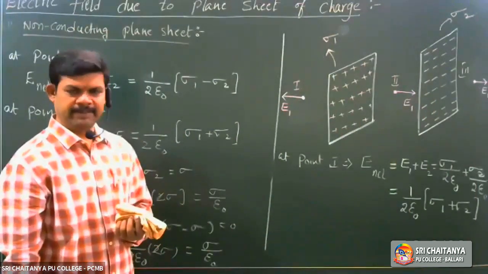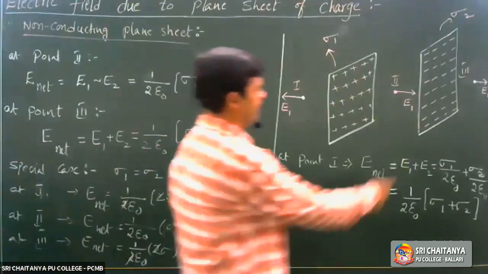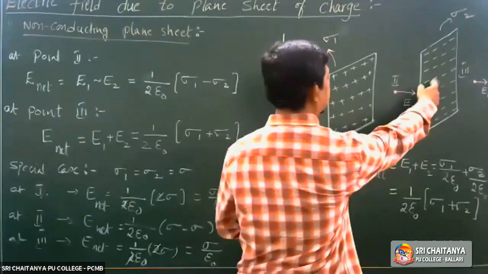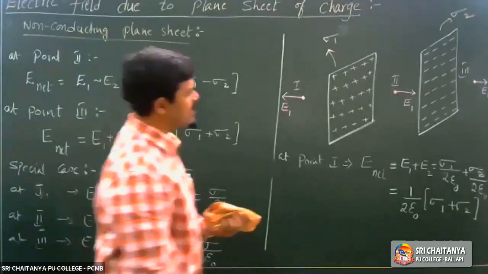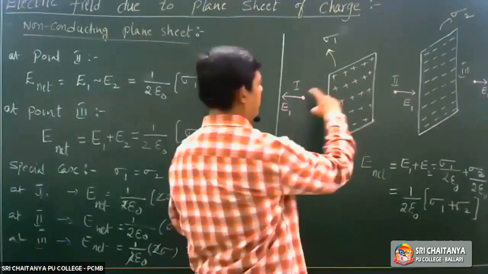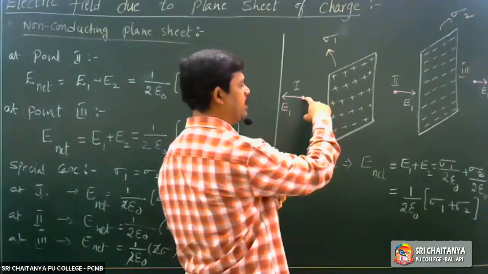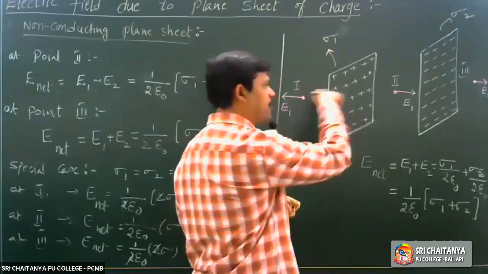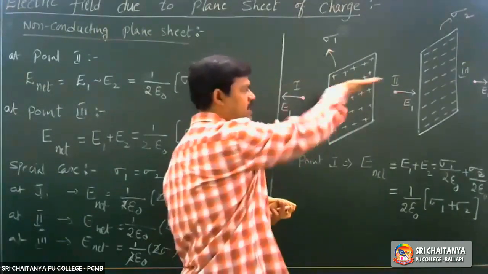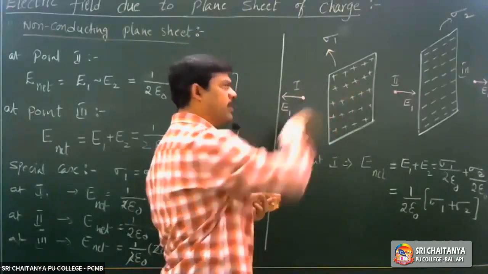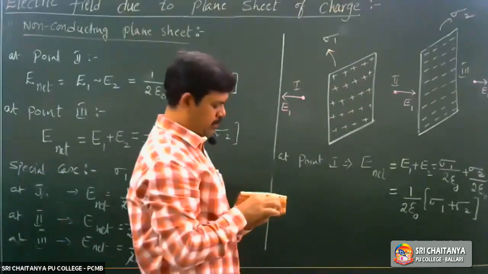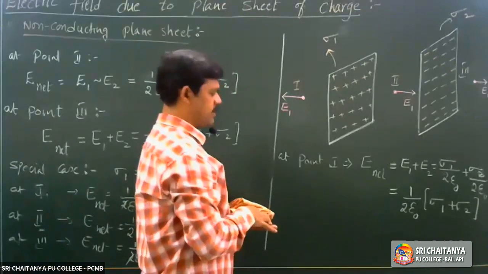Come to the second plate. Second plate, this plate. What is this? Negative. Whenever plate is negative, at any point due to it, field is towards that plate. Positive, away. Negative, towards that plate. So how the field is?